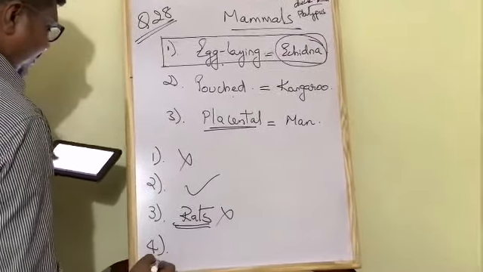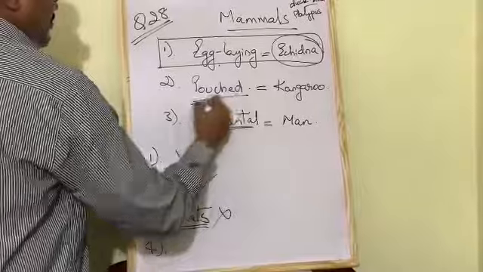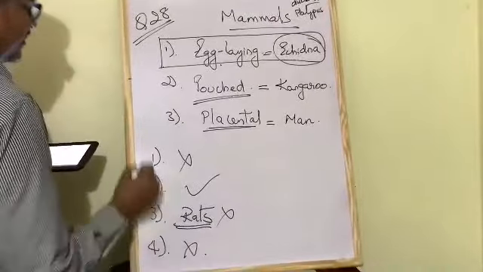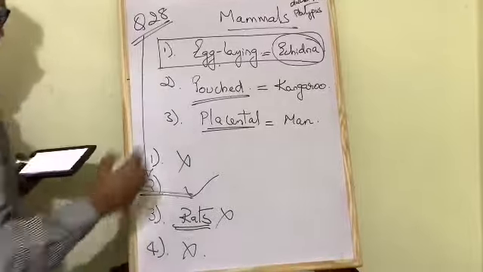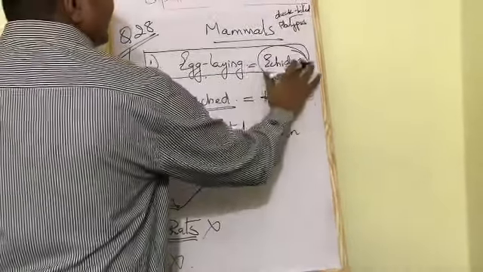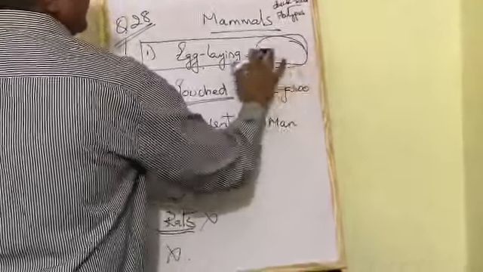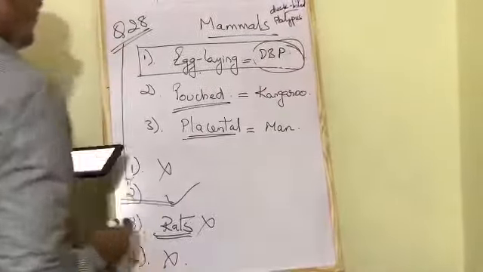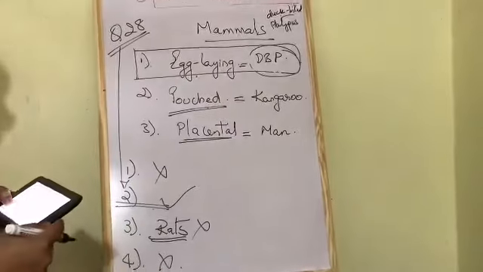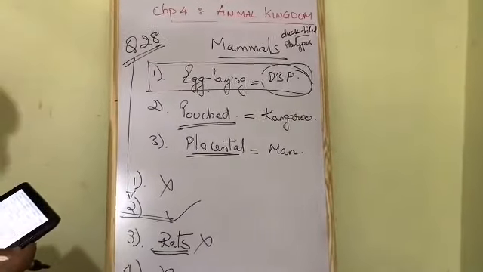And fourth option is Metatheria, which is pouched mammals, hence it is incorrect. So question number 28, egg-laying mammals, is option number 2. That is correct. And please, I'm really sorry, for echidna, please take duck-billed platypus as the example for egg-laying mammals. So question number 28 answer is option number 2.